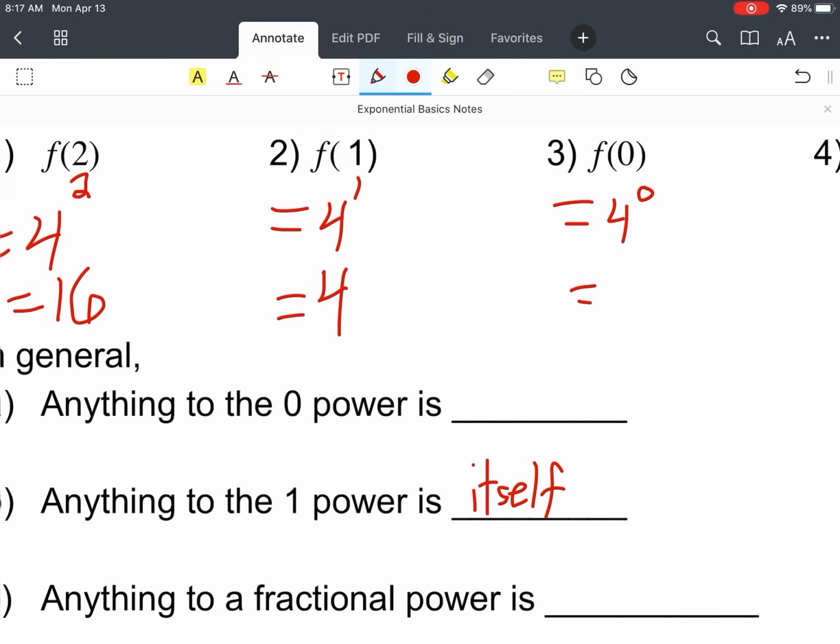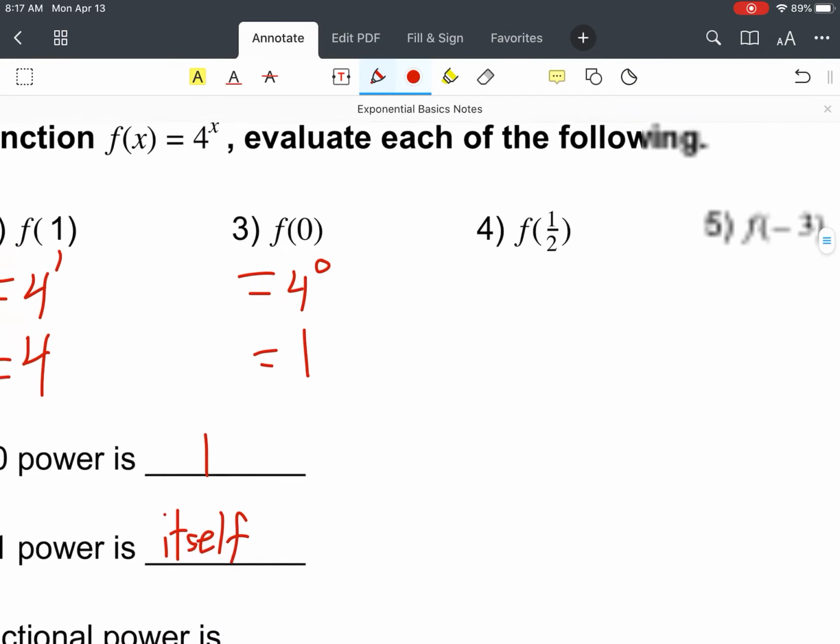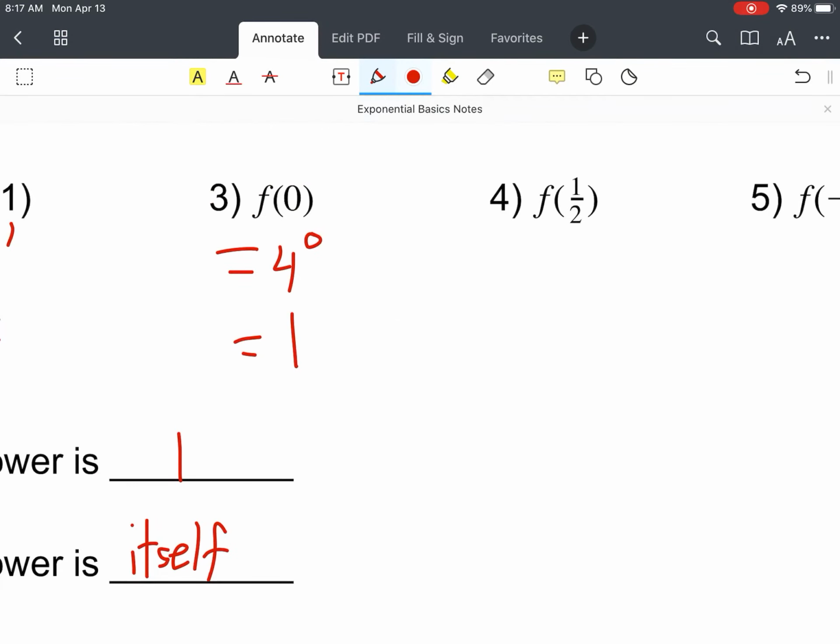So that's going to be 4 to the 0 power. Anything to the 0 power always is 1. Okay, so anything to the 0 power, no matter what it is, if it's raised to the 0 power, it's 1. Okay?